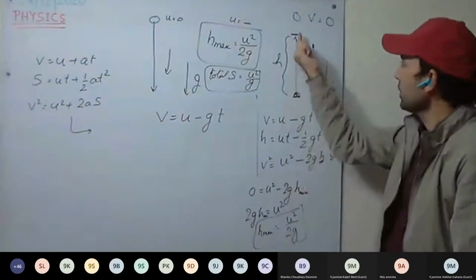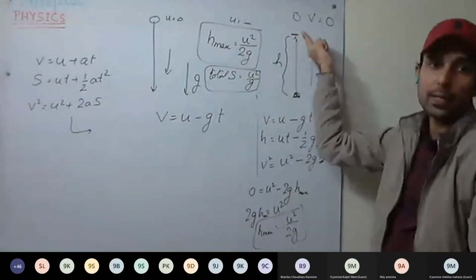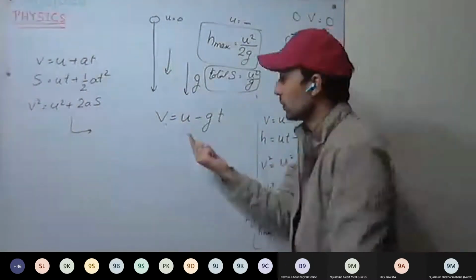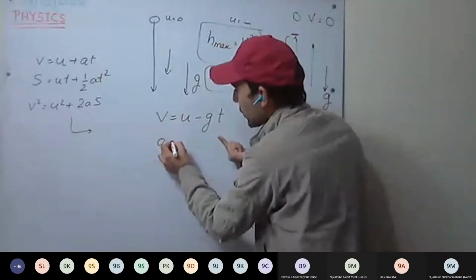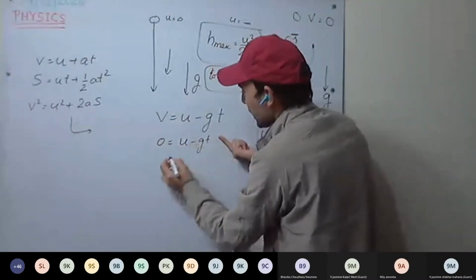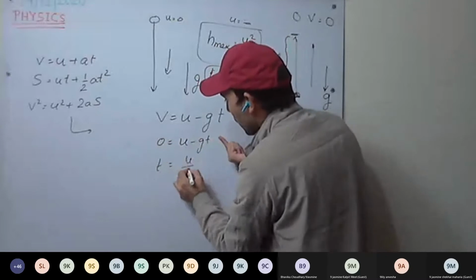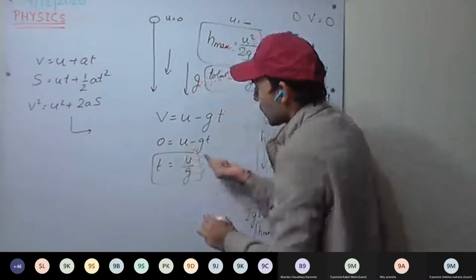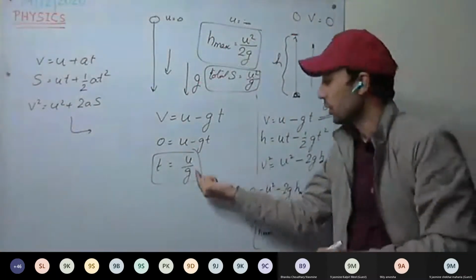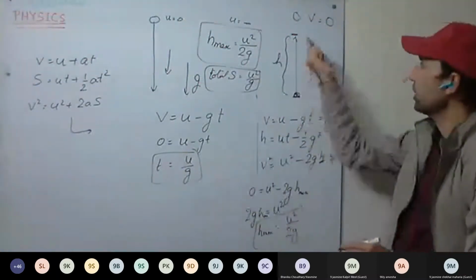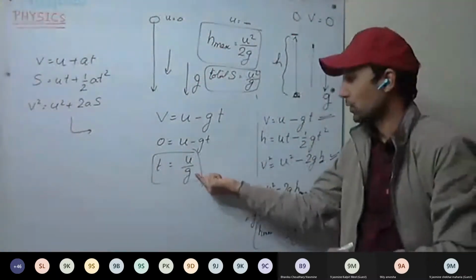Now at the top, at the maximum height reached, v will be 0. So 0 equal to u minus gt, or t equal to u upon g. So the time taken to reach the top point is u upon g.